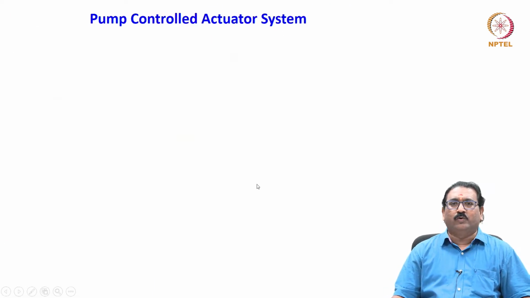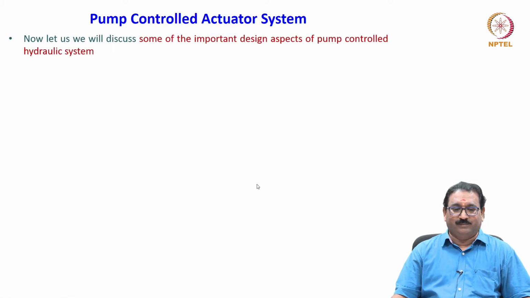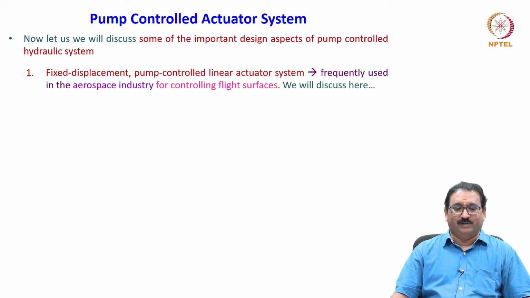Now, we will move on to the pump controlled actuator system. Let us discuss some of the important design aspects of pump controlled hydraulic systems. First, the fixed displacement pump controlled linear actuator system, frequently used in the aerospace industry for controlling flight surfaces.